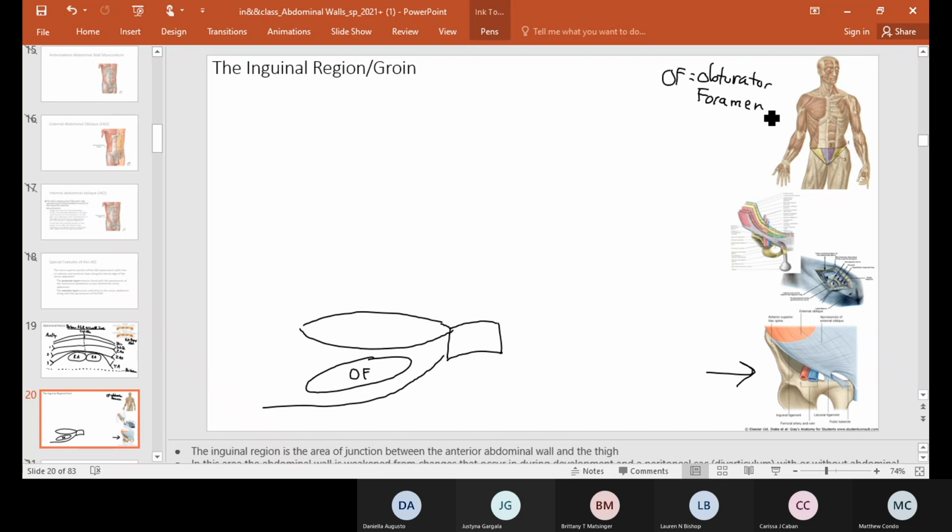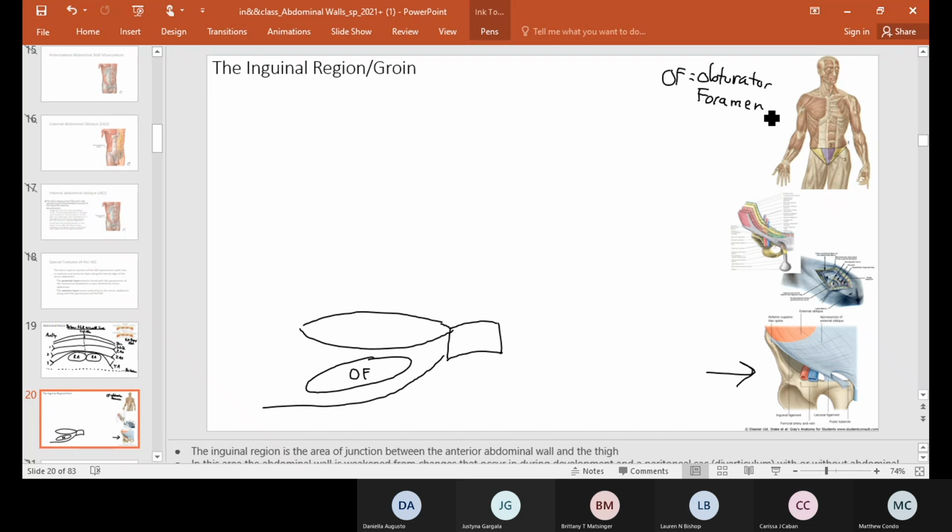We've already encountered the word foramen in the past, right? Foramen just means opening. Foramen magnum, vertebral foramen, transverse foramen. The obturator foramen is going to be an area where all of my obturator named structures pass through. So we're going to see a couple muscles when we hit the pelvis, obturator internus, obturator externus. They're both going to basically cover the obturator foramen. Obturator artery is going to pass through the obturator foramen. Obturator nerve is going to pass through the obturator foramen.